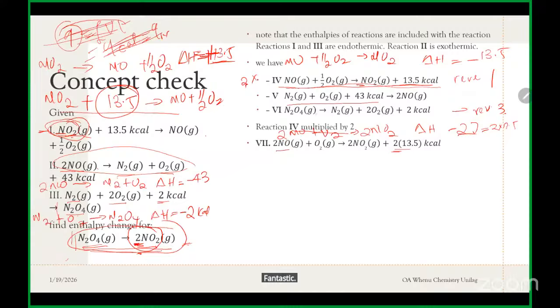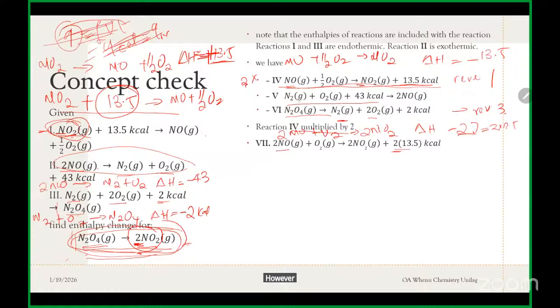So why did I bring equation 2 here? I'll reverse it because if you look at those equations, now this one has NO, but the final equation does not have NO. The third equation has N2, but the final equation does not have N2, and it also has O2.